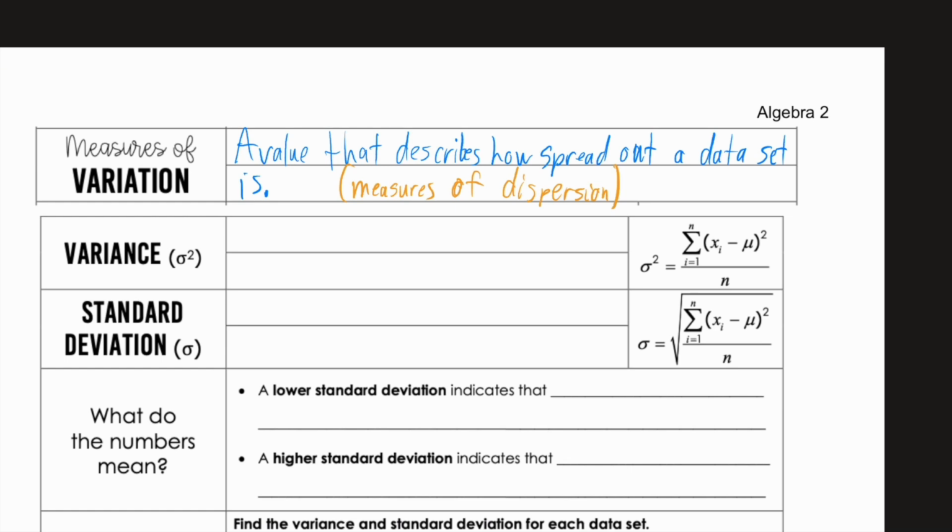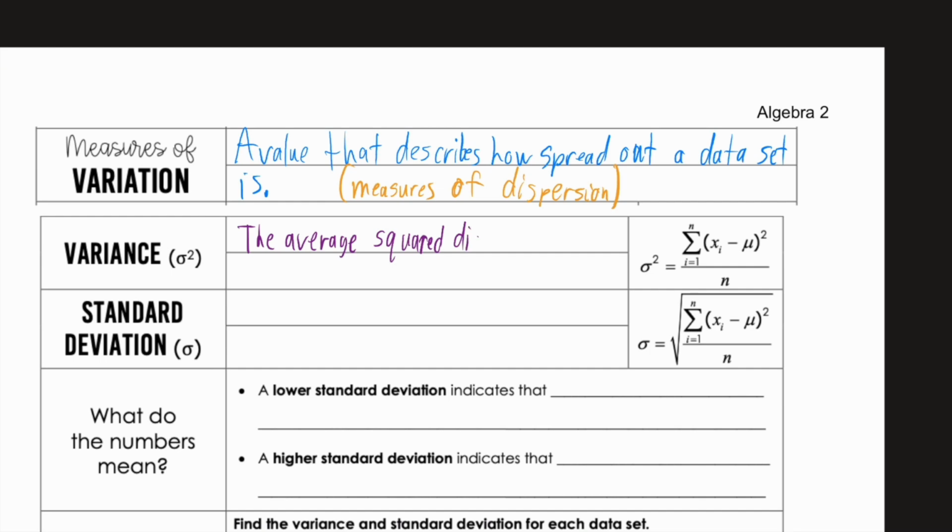And so variance is one of our measures of variation we'll talk about. Hence, variation, kind of crazy how that works, is the average squared distance. I'm going to rewrite distance there.